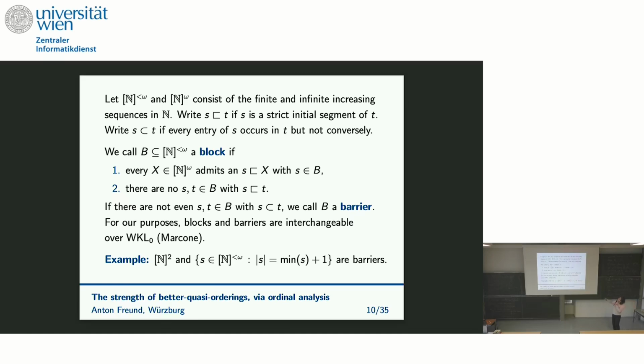And then here you have the infinite subsets of natural numbers, which you can think of as infinite strictly increasing sequences. And then you have this notation here, so this means that S is a strict initial segment of T. So T starts with the sequence S, but then continues. And we use, because we can also view these sequences as sets, so we can also use the usual set-theoretic notation for strict containment of sets.